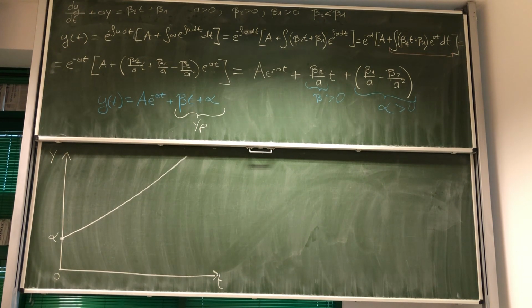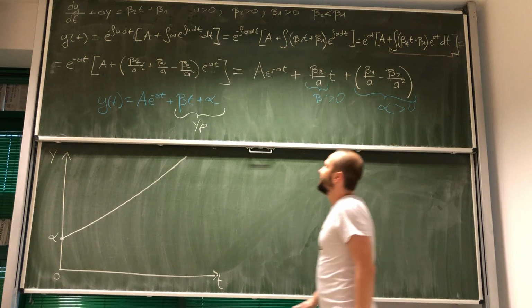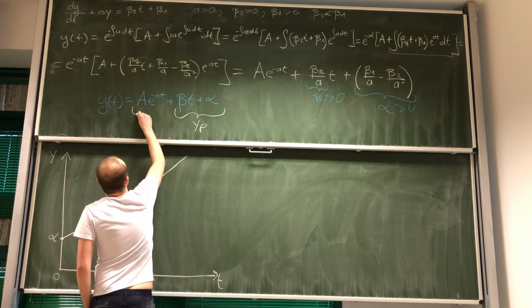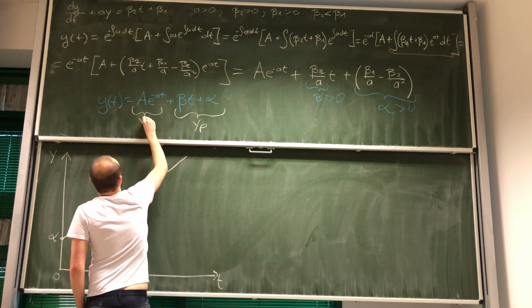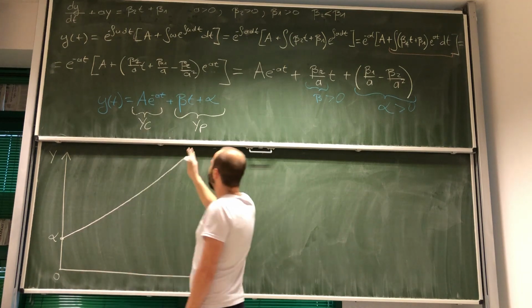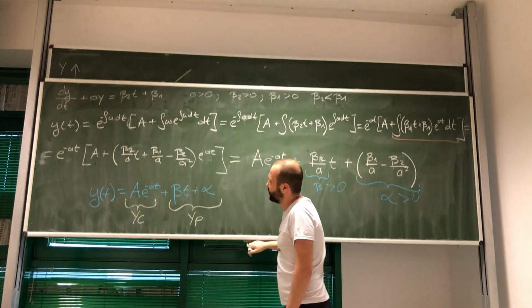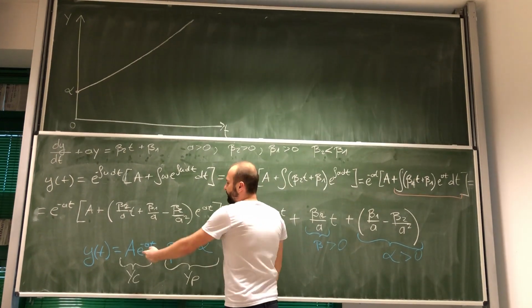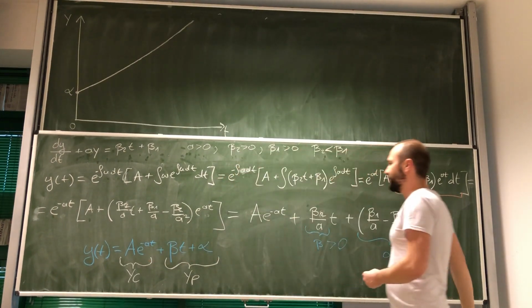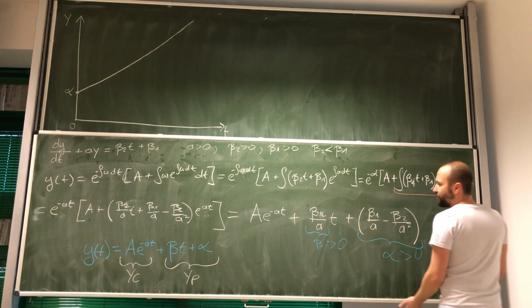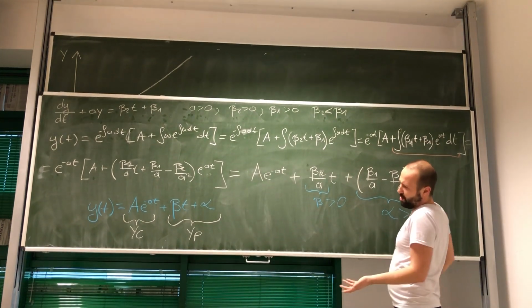Now, what about the other part? Our complementary function is telling us what happens to GDP if it's thrown out of the equilibrium. Do we have convergence here? Well, of course we do.